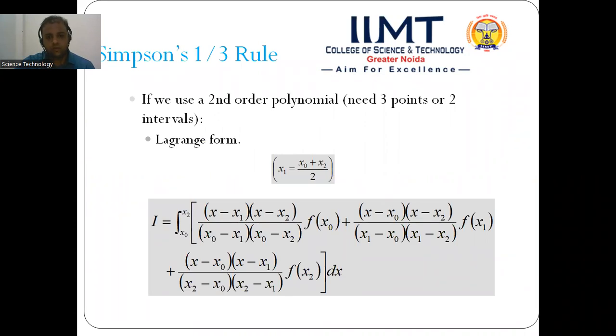The Simpson one-third rule can be approximated using Lagrange's polynomial whenever we are given tabulated values. Suppose we have n number of function values given at the endpoints.